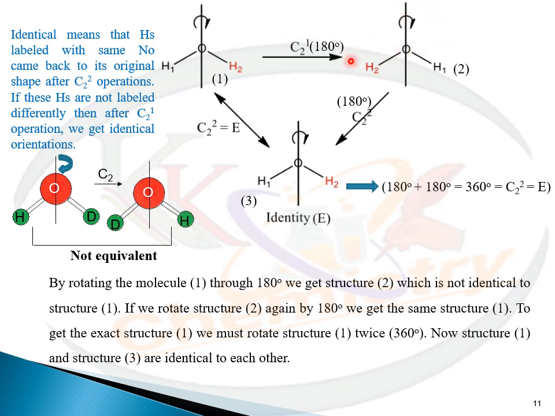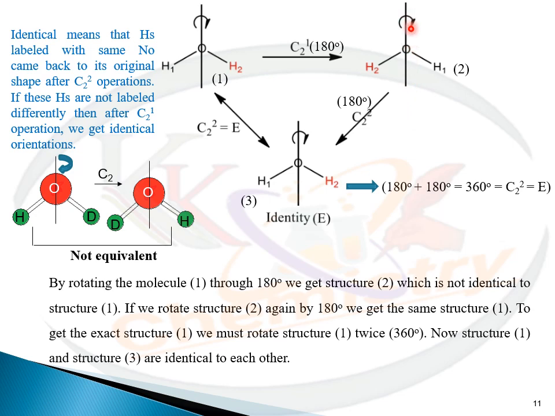In this case these two cannot be superimposed, but we call them equivalent. Why? Here hydrogen is hydrogen, here is hydrogen. These numbers are just to show that some symmetry operation has taken place.